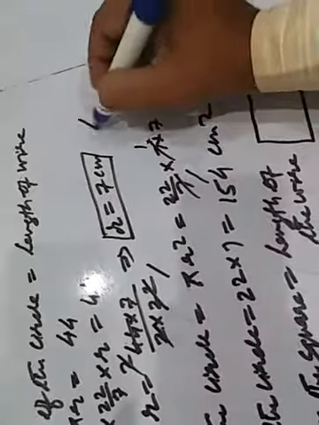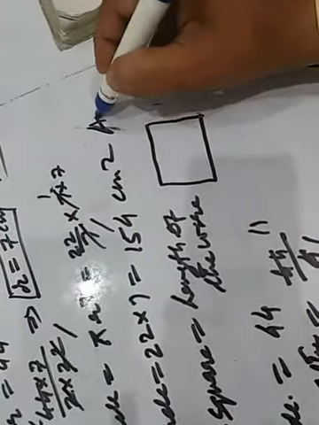So children, see, your first answer is the radius, your second answer is the area of the circle, your third answer is the area of the square. Now the comparison.